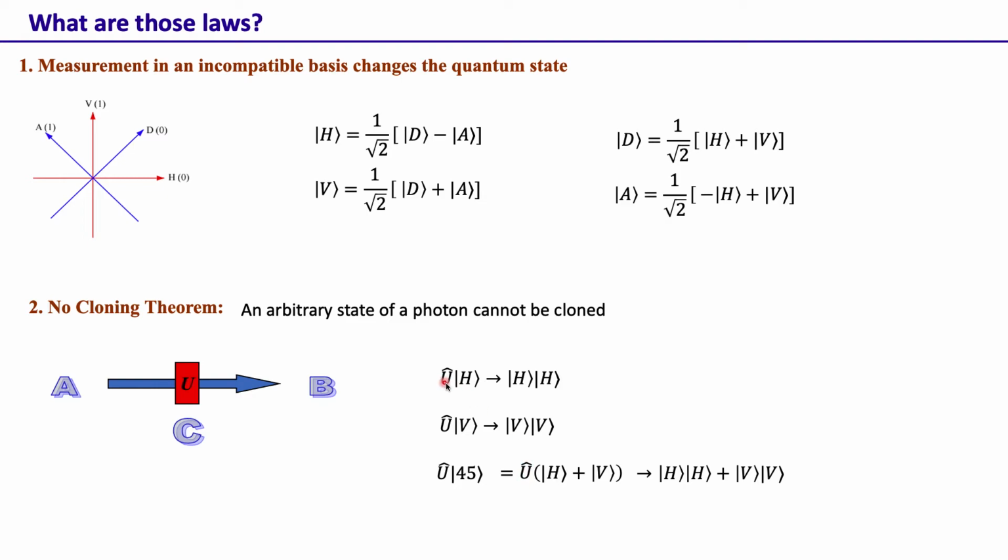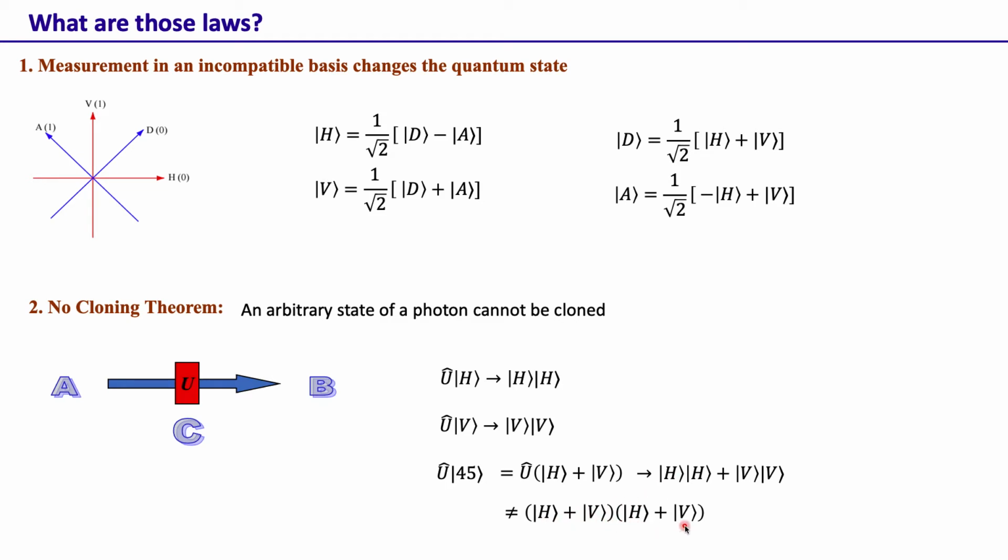Now we know U acting on H gives us 2 horizontally polarized photons, and U acting on V gives us 2 vertically polarized photons. So we will get HH plus VV. But this HH plus VV is not what we intended, because it is not equal to (H plus V) and (H plus V), that is, two 45-degree polarized photons.